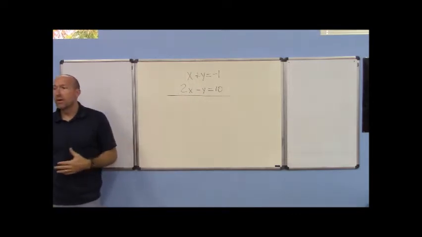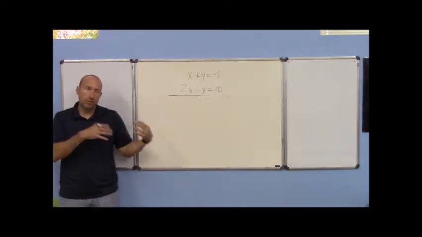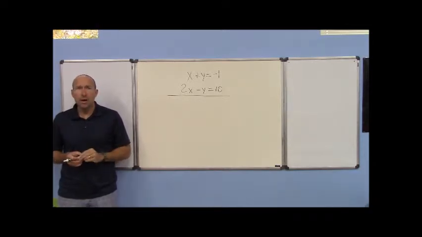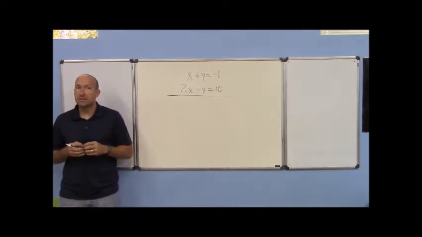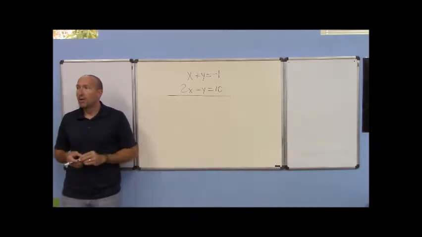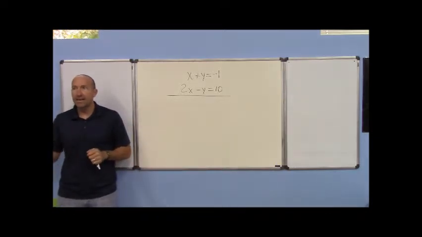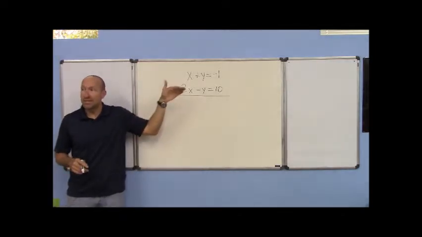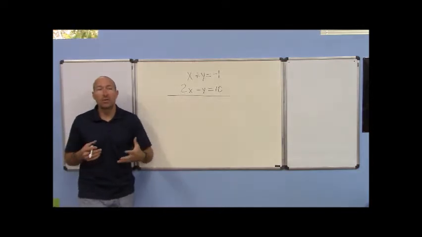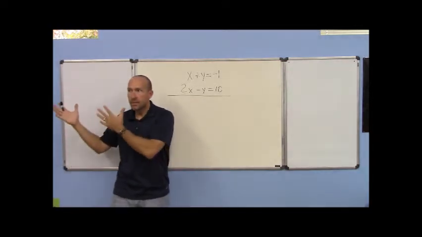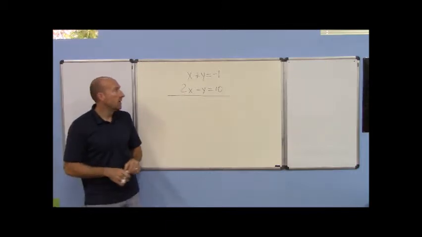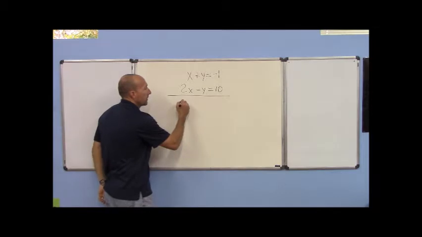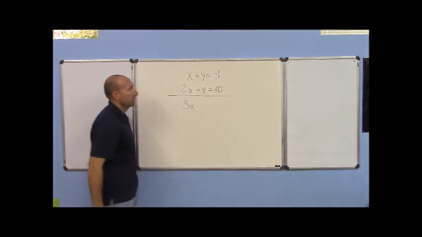Before I go there, understand that we use the term adding, but what's taking place is technically subtraction. Whenever you add a negative, that's the same thing as subtracting. They call it adding because adding is what's taking place. Just realize that whenever you add a negative, it's the same thing as subtraction. So whenever we add x plus 2x, we end up with 3x.